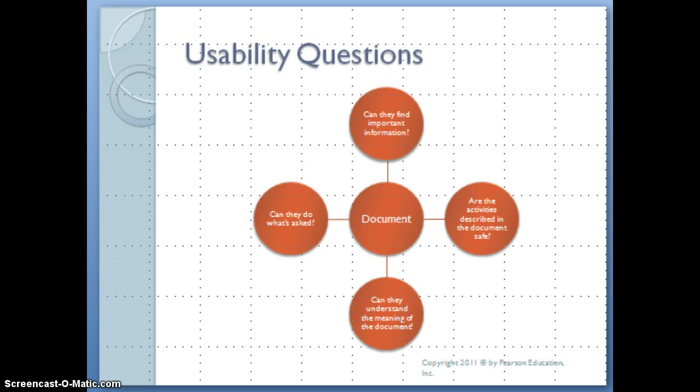In answering the question, can they understand it, understandability tests are used to determine if users retain important concepts and remember key terms. Users are often asked to summarize parts of the document or define concepts. To answer the question, can they do it, performance tests are used to determine whether users can perform the actions the document describes, and these tests are often used with instructions and procedures.